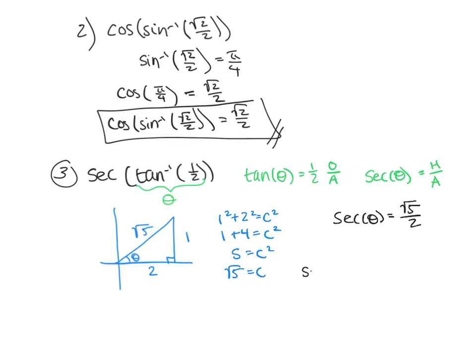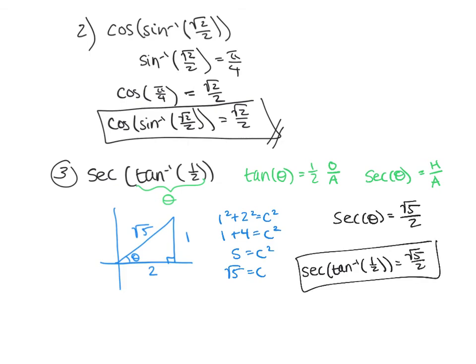So overall, we can say that secant of tangent inverse of 1/2 is the square root of 5 over 2. Hopefully not too bad if you know your SOHCAHTOA. You're going to be okay.